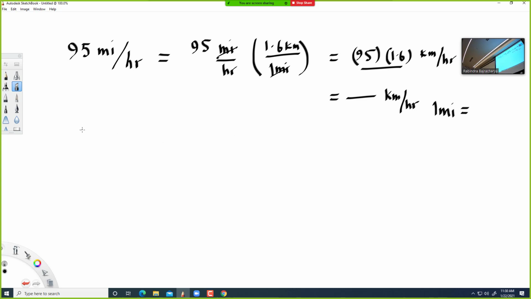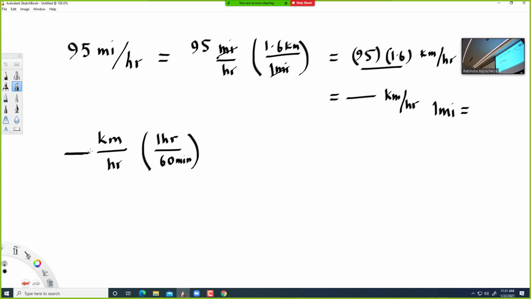Okay. So for that, you need to use the conversion for hour. So you want to get rid of hour, so put 1 hour on the top here, and then 1 hour is 60 minutes.